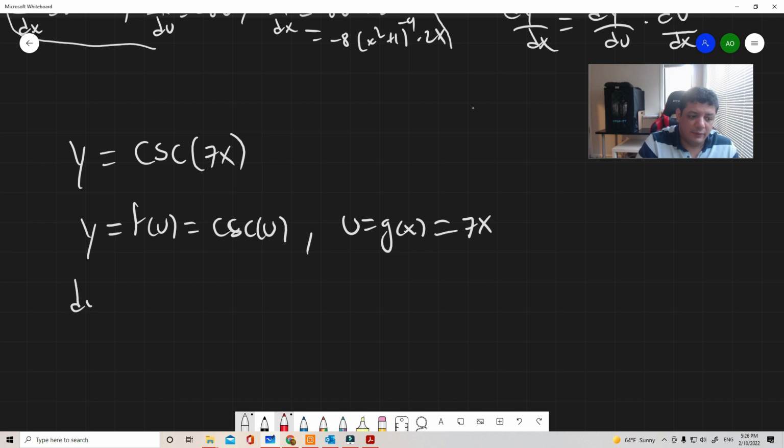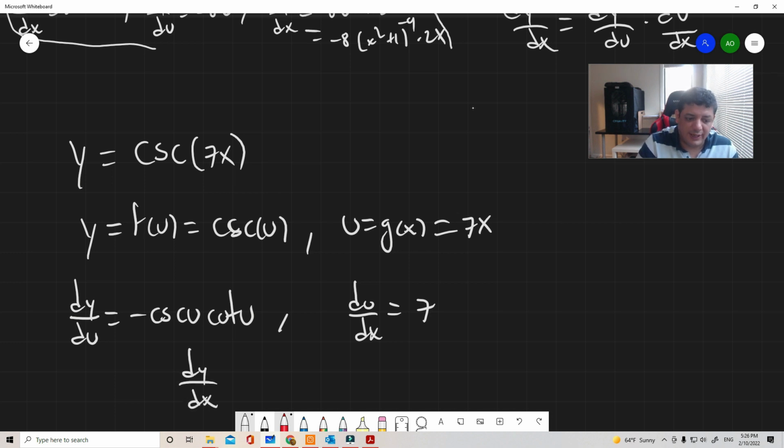Okay, so dy/du is going to be minus cosecant of u cotangent of u, which is the derivative of cosecant. And du/dx is going to be 7. So now the derivative, dy/dx, is the multiplication of these two things.